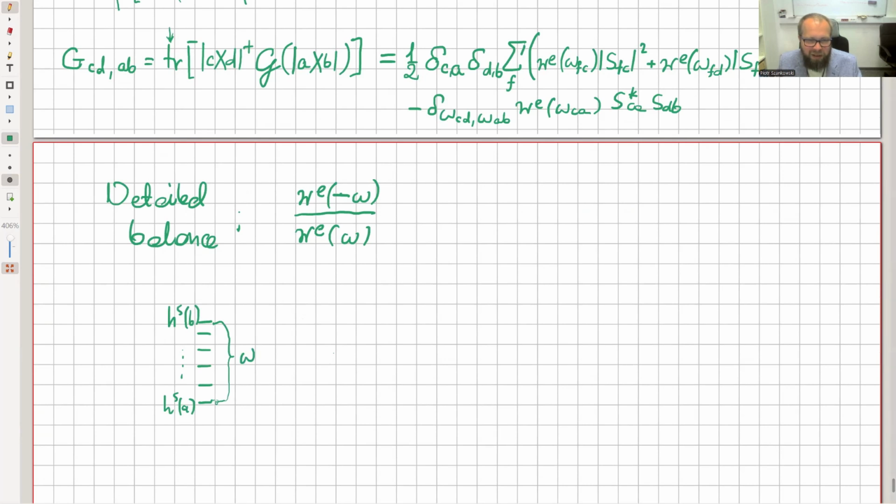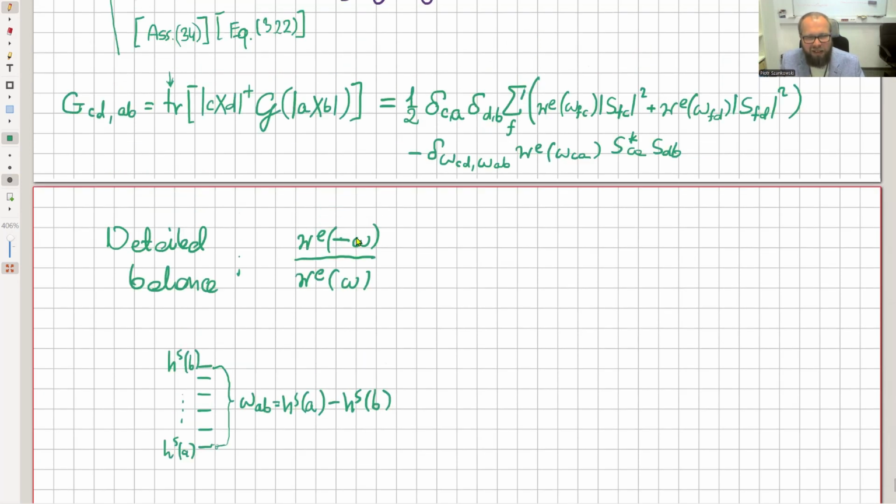For example, omega AB would be HSA minus HSB. Let's say omega is positive. This frequency is positive, so you can think of it as a transition rate of going from one level, let's say this one, to this one. So this would be if omega was set to omega EB.